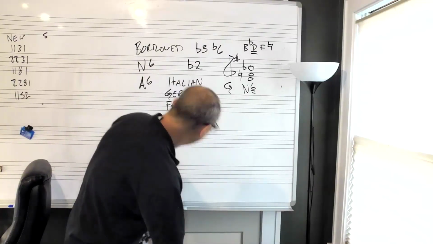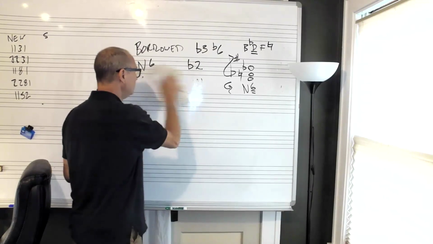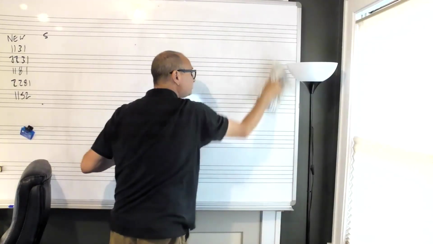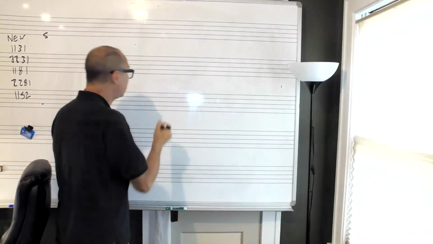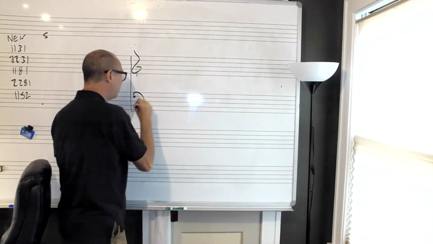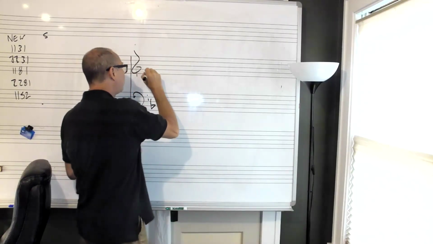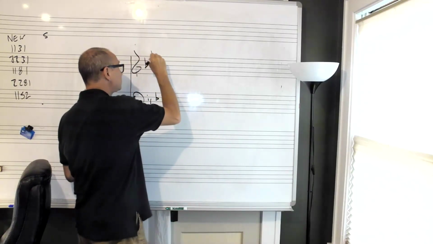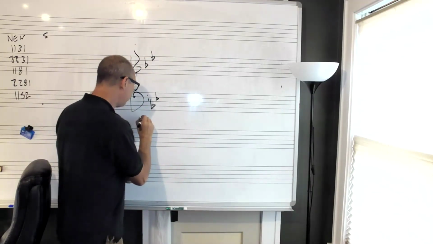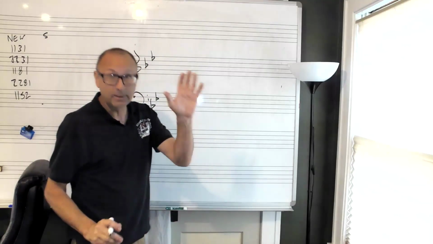Now, these chords will be tested, and they could be tested in 2 ways: either in construction or analysis. So the question is, how do you know if you have an augmented sixth chord? Most of the time these chords are found in a minor key. It would be pretty impressive to see an example on a test in a major key.